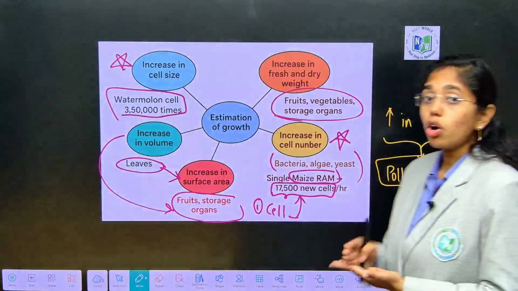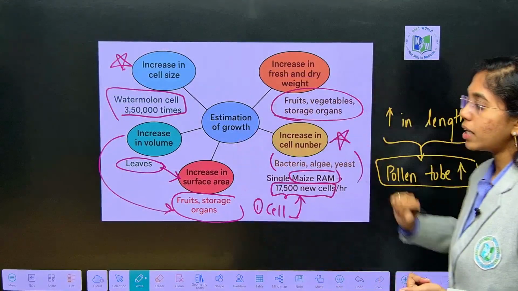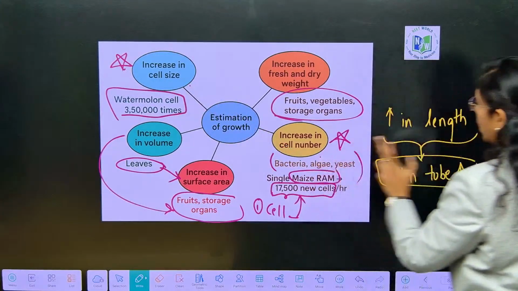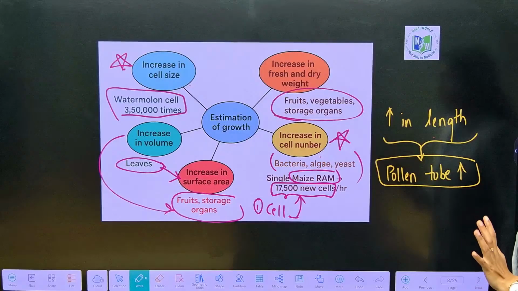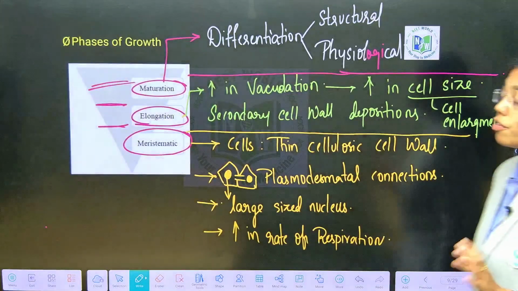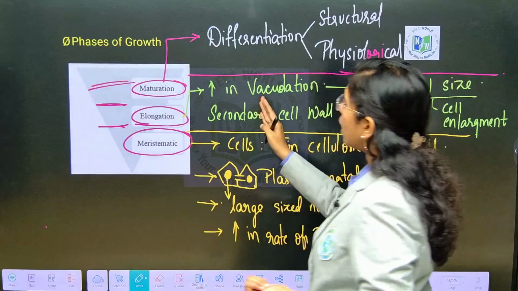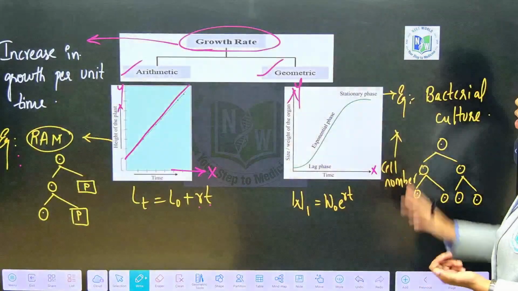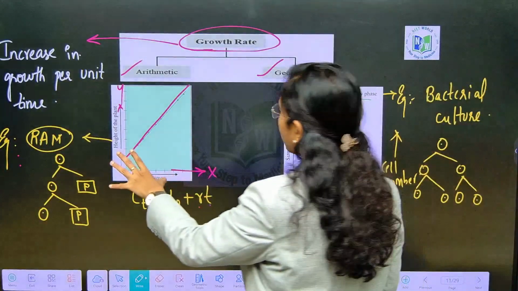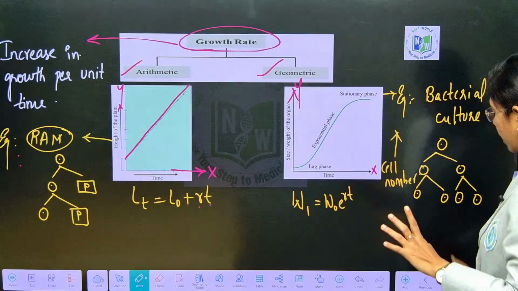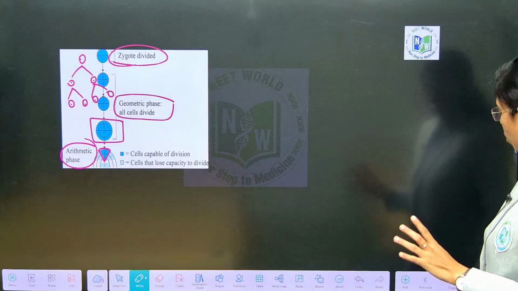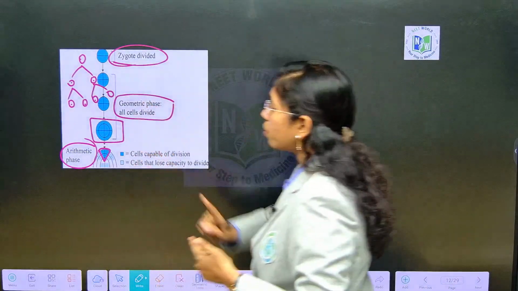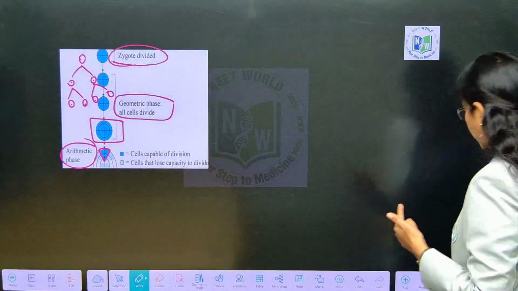Then growth is measurable on many parameters in plants, of which the most important are increase in cell size, increase in number, and increase in length, with examples. Fine, right? And then phases of growth: meristematic, elongation and differentiation phases, after which we learnt growth rates, both arithmetic and geometric growth rate, including graphs and examples, followed by the zygote, which first shows a geometric phase of growth, followed by cell differentiation, which is the arithmetic phase.